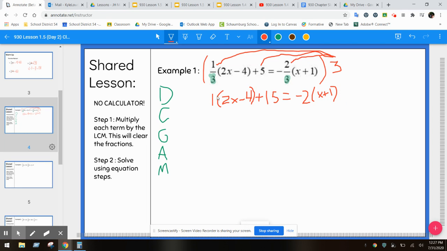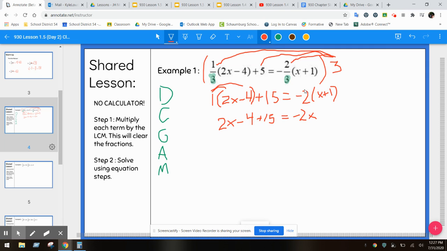Now I'm going to distribute. Over here, you could show the step, but we know that when we multiply by 1, it doesn't actually do anything. So I'm going to leave it as 2x minus 4 plus 15 equals negative 2x.